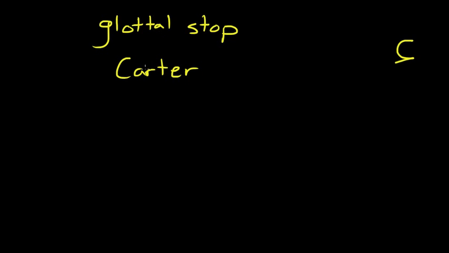So in Arabic, if you were to write this with Arabic letters, they would just put a Hamza in the middle there because they don't pronounce the RT. They just say Ka'a. So the glottal stop just signifies when you stop all the sound coming out of your mouth for just a moment and then you keep going.